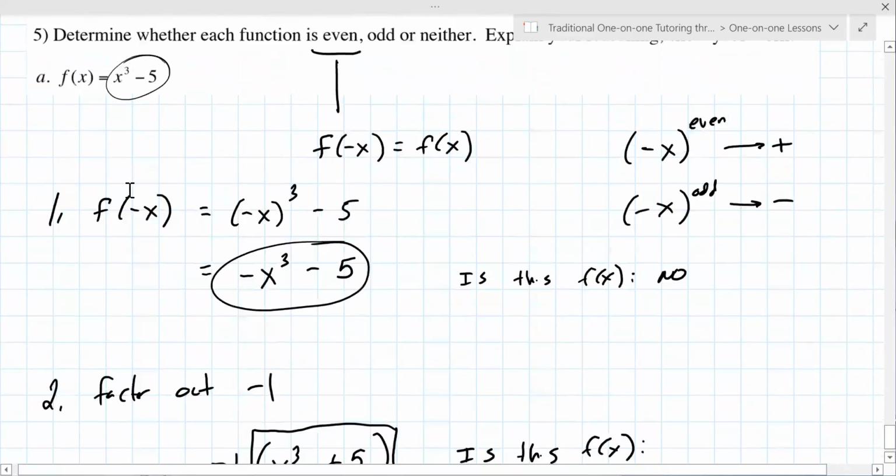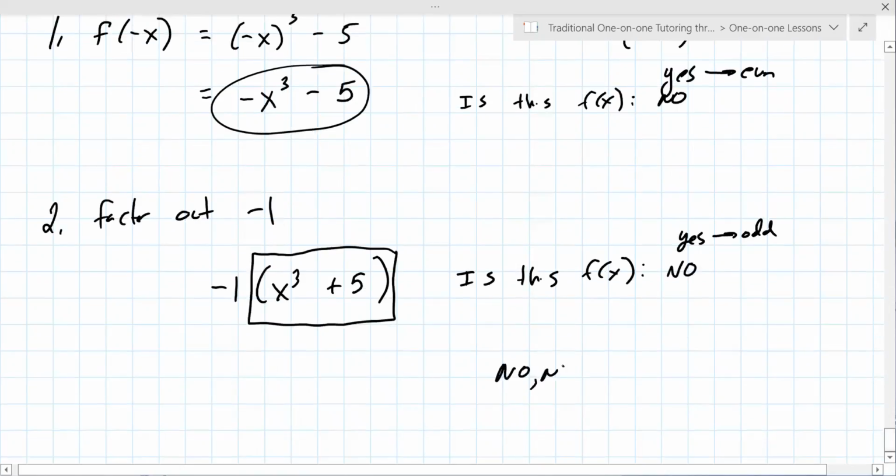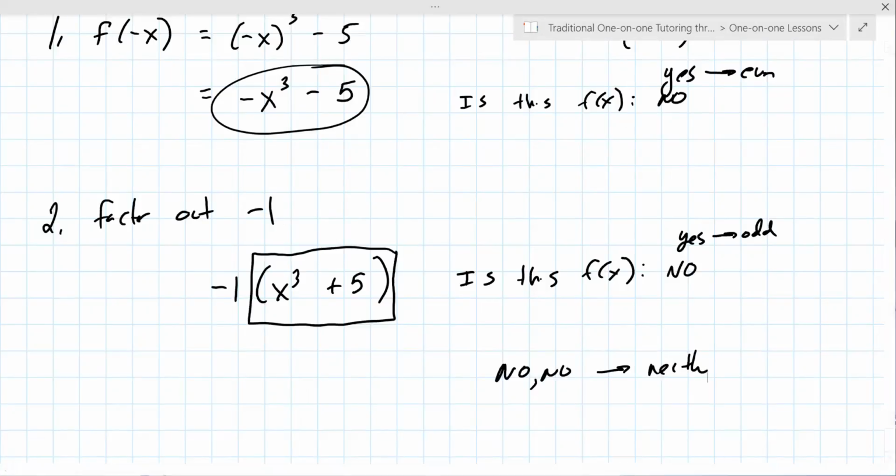Going back up, f of x is x cubed -5. Is the part inside this f of x? No. If it were yes, it would be odd. So maybe we need to say yes means even, yes means odd. When you get no, that means it's neither.